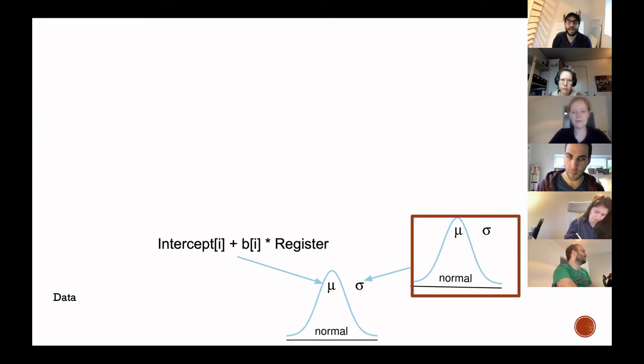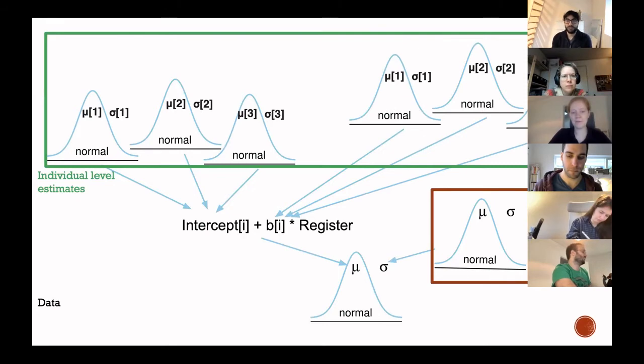But we also added an I index, which is telling us that now we want to allow each participant to have a separate intercept, that is a separate vowel space articulation in ADS, and a separate slope, that is a separate change in articulation when they switch and talk to their child.